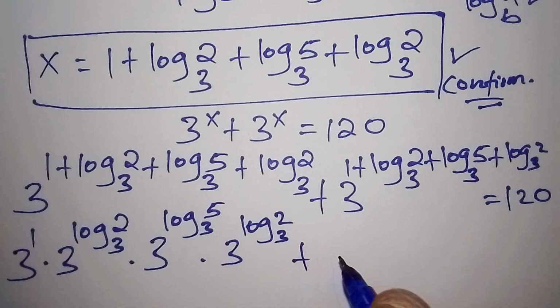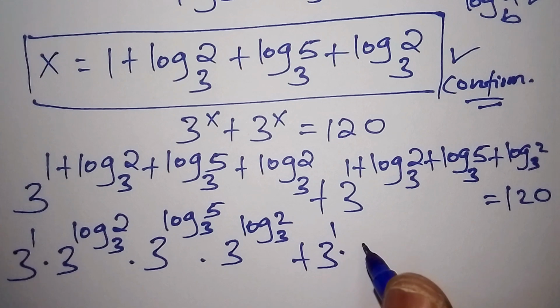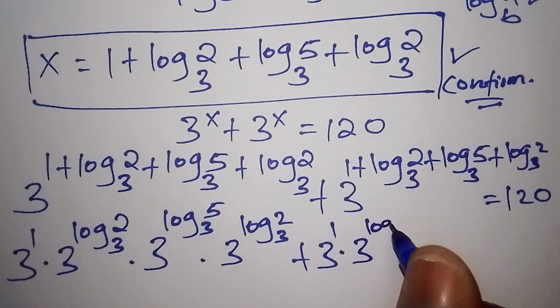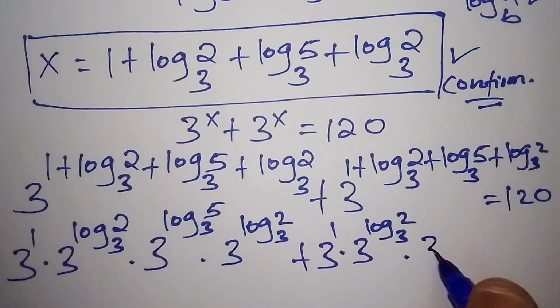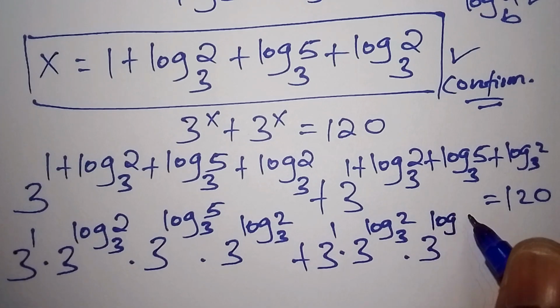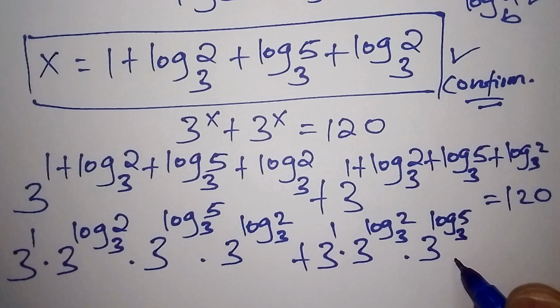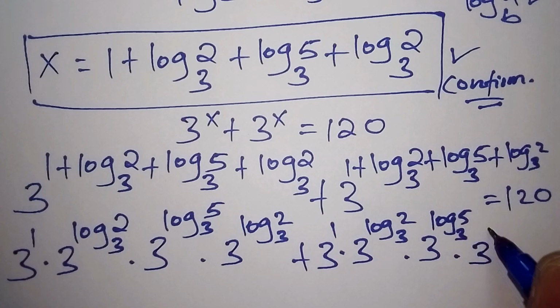Then plus again 3 to the power of 1, multiplied by 3 to the log of 2 to the base of 3, multiplied again by 3 to the log of 5 to the base of 3, also multiplied by 3 to the log of 2 to the base of 3, is equal to 120.